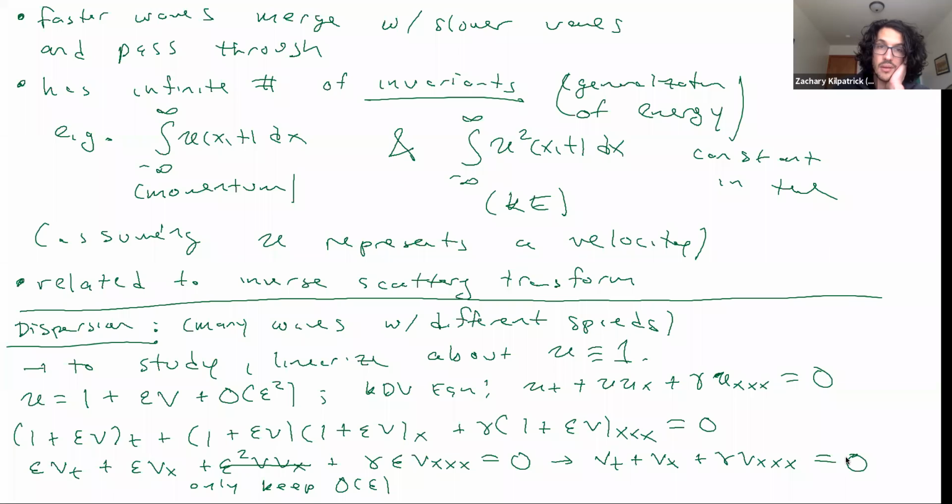Now, the thing you do often in this case with nonlinear equations is you say, well, if I make a further assumption of what this function v is, then I can just learn something about the linear instability of the different modes of perturbation to my linearized equation.